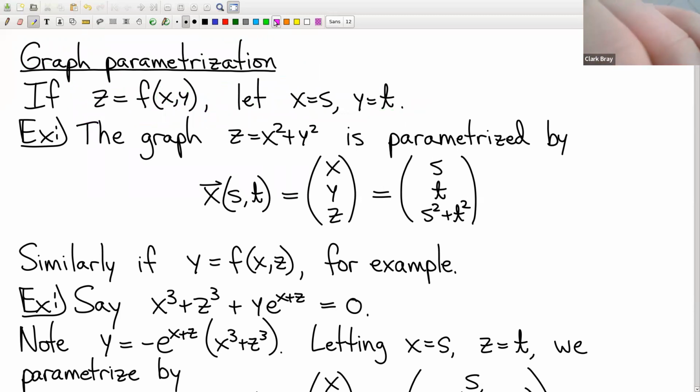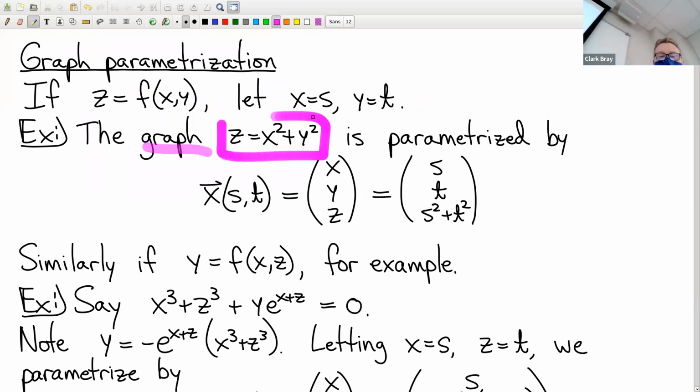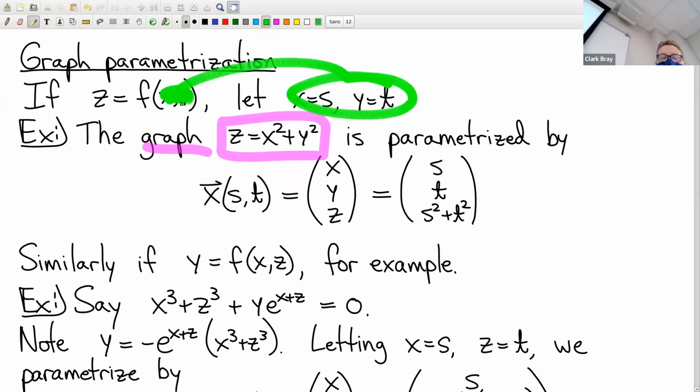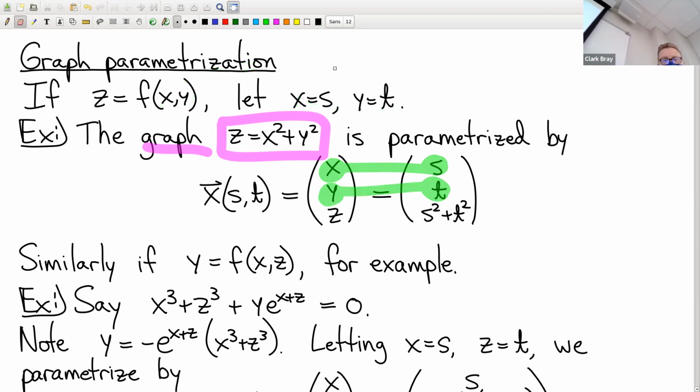So here we're looking at a graph. Z is a function of X and Y. And following the advice above, I'm going to let my input variables be my parameters. So X is S and Y is T. And then what?